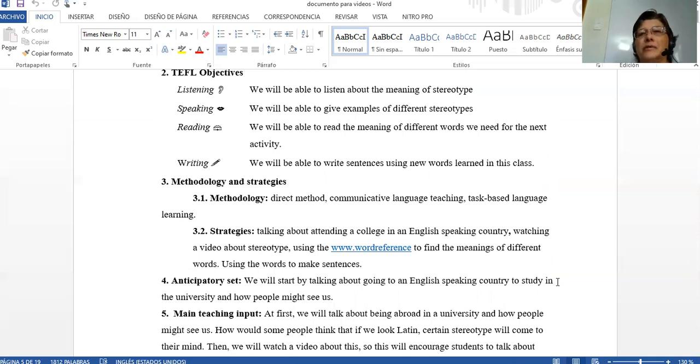To continue, after talking about the stereotyping, we are going to proceed working with the new vocabulary that the unit presents for this purpose. For this activity, I am going to tell them to show me their dictionaries. Of course, some of them do not have a physical dictionary anymore. Sometimes they think that they don't need it anymore because they have everything inside their cell phones or their computers.